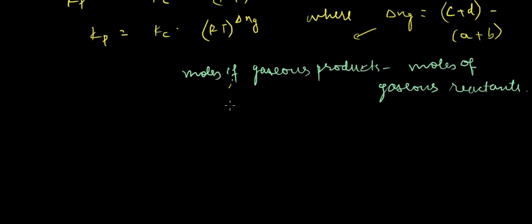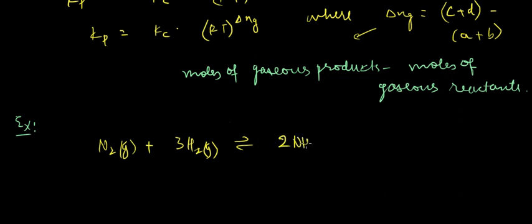Let's see some examples now. So we have N2(g) plus 3H2(g) forming 2 moles of ammonia. We have to calculate delta Ng for this reaction. That would be moles of products, which would be 2, minus moles of reactants, which would be 1 plus 3.